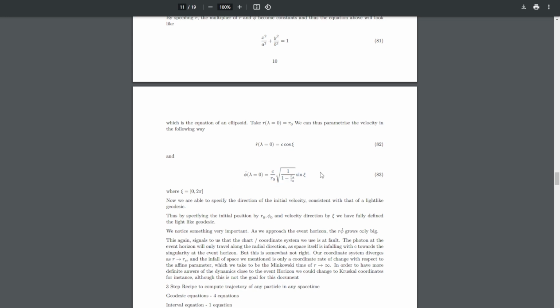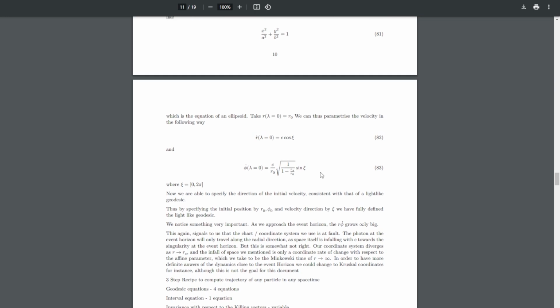So now we know the initial velocity, we can set whatever initial position we want, and to develop the trajectory of the photon, we just use the equation of motion. So everything is finally solved.